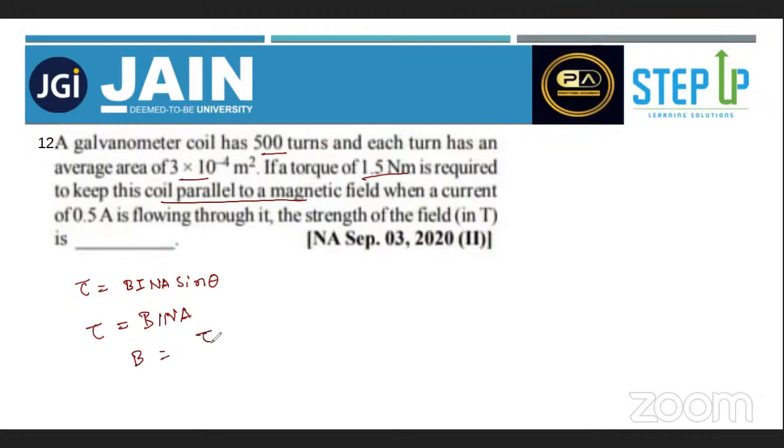B is given as tau upon INA. Tau is given as 1.5 in SI units, so no changes. Current is 0.5, SI unit, so no changes. Number of turns is 500, it's a number. Then the area is 3 into 10 to the minus 4 meter square.